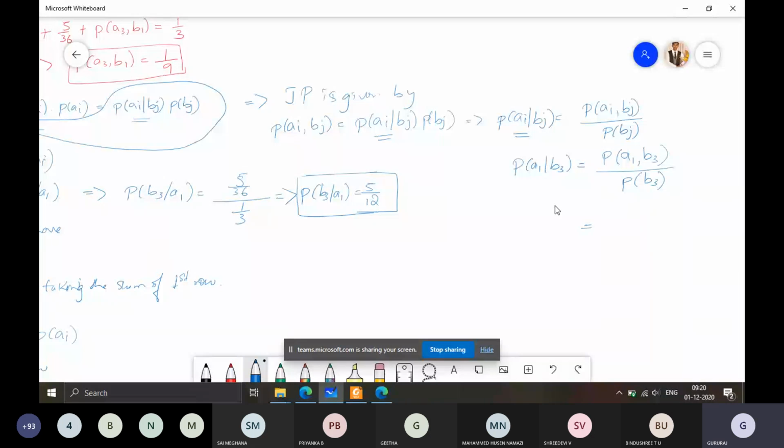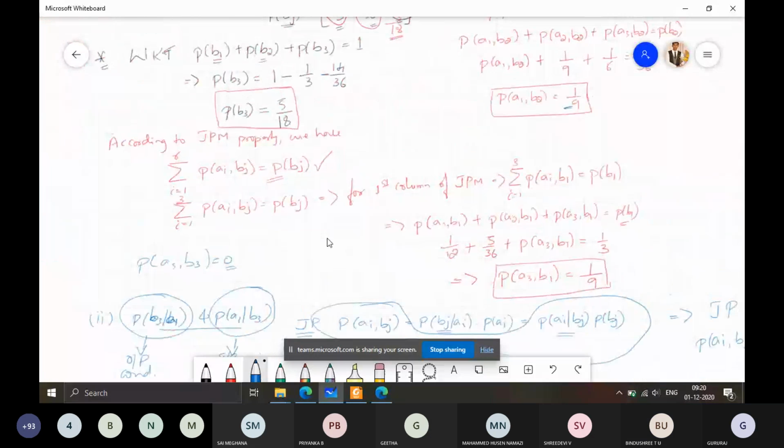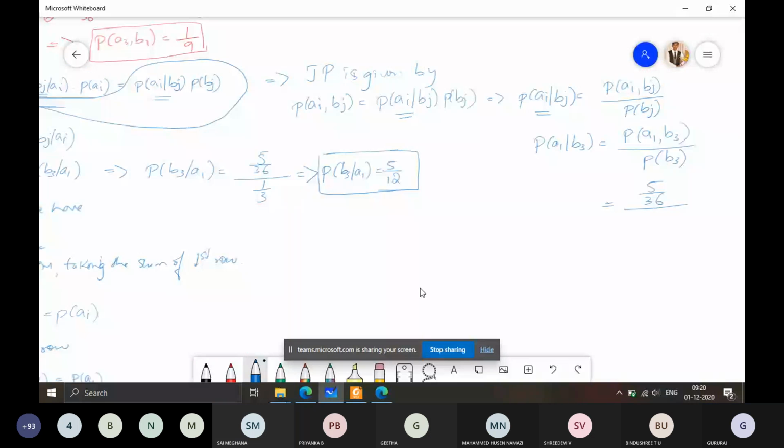So P of A1 comma B3, what is the value? 5 by 36, correct. Divided by P of B3, probability of the output symbol B3. We have found out that, if you remember, it is 5 by 18.